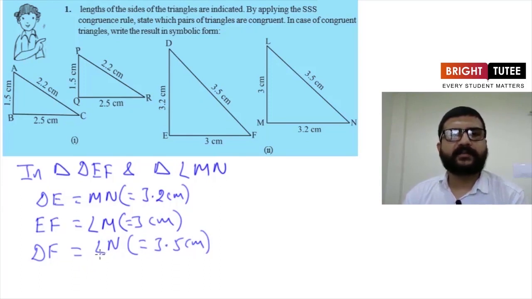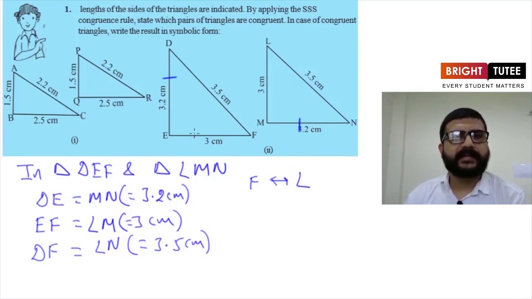Now we have to write this congruency relation in symbolic form. For that we need the correspondence between vertices. So here DE is equal to MN, this side. Now vertex opposite to DE is F. So it will be F corresponds to vertex opposite to MN and that will be L.